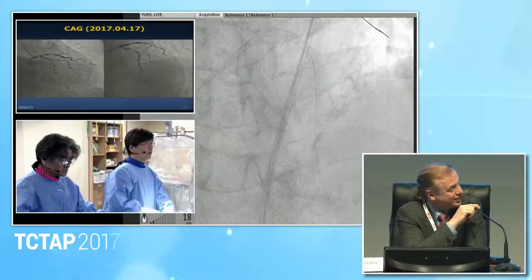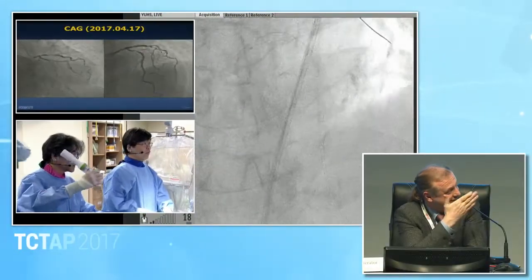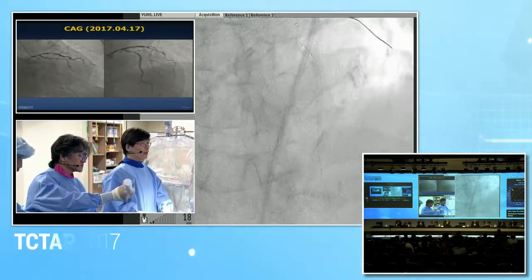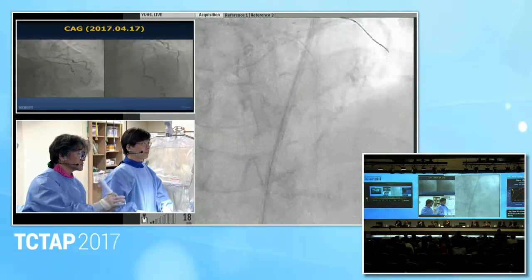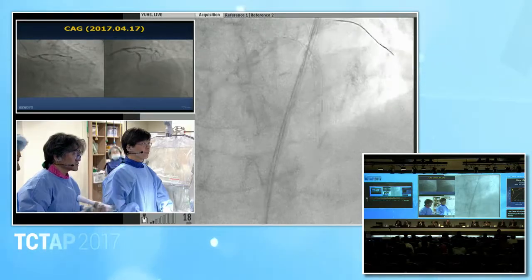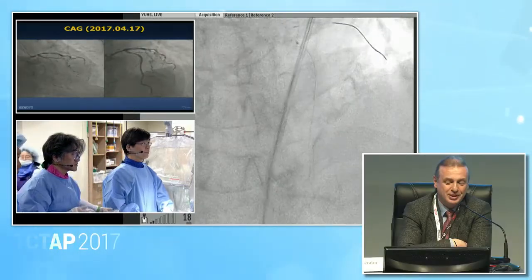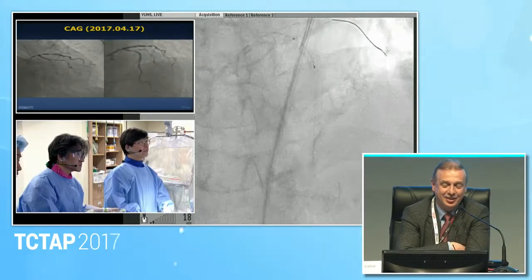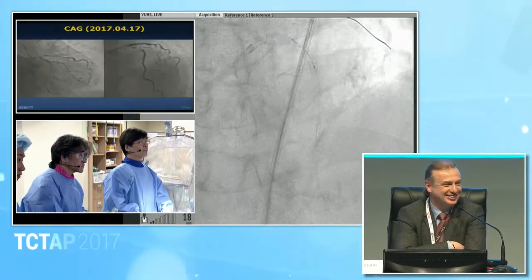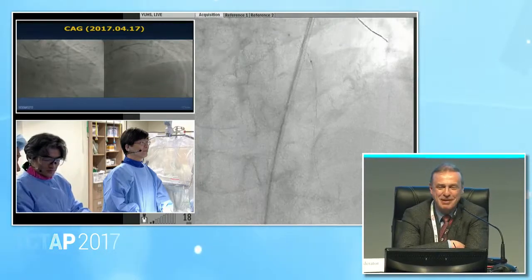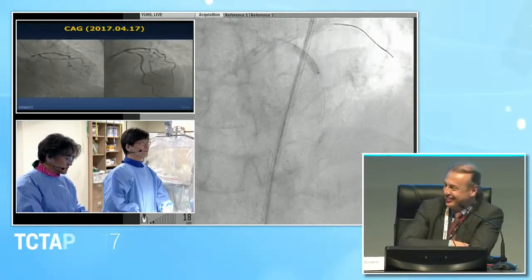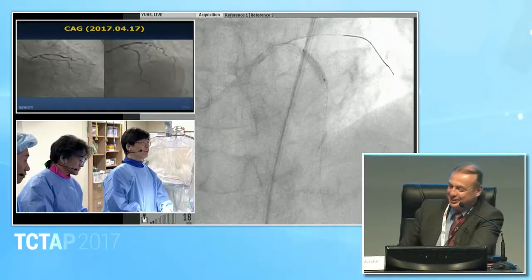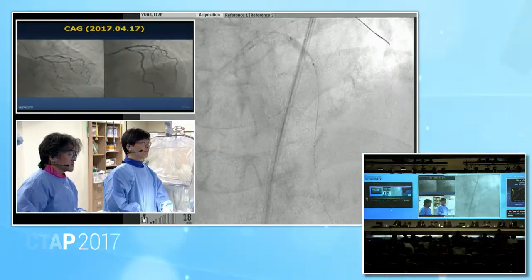This is a 3.5 non-compliance balloon for dilation of the proximal part. 3.5 for distal. Proximal, okay. Why not 4? It really depends, or we do IVUS guided, or we do what we want to do. Julia, maybe you can comment on that.